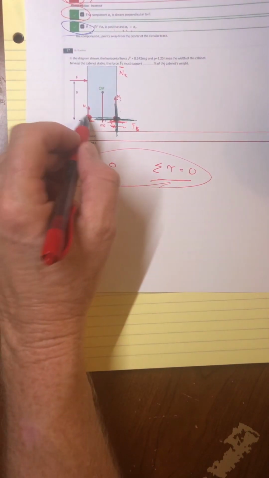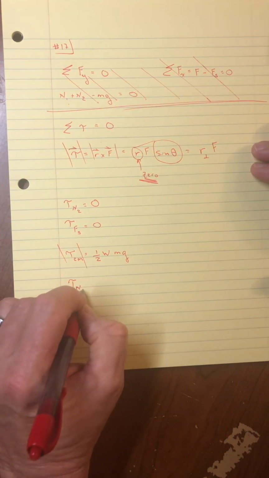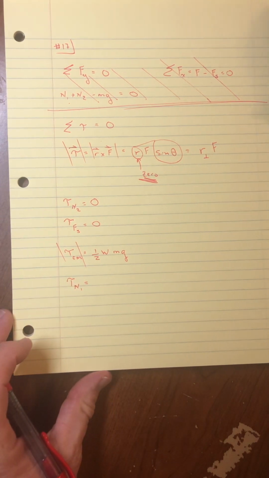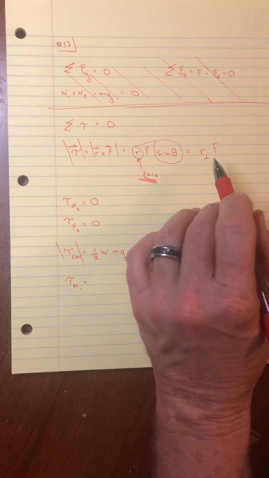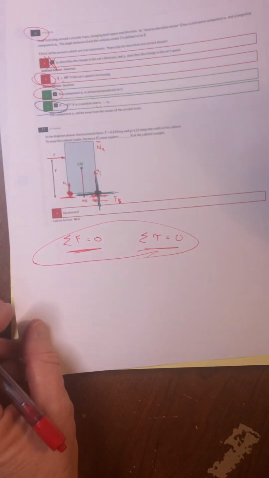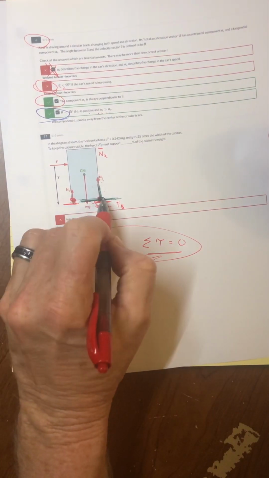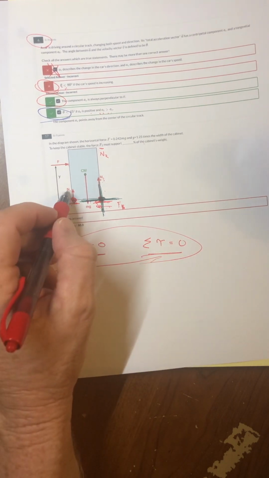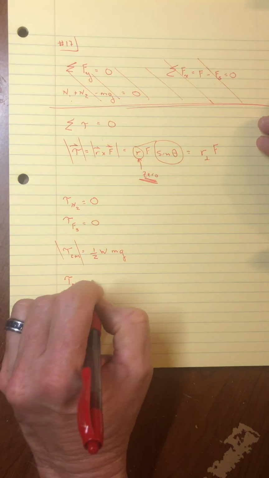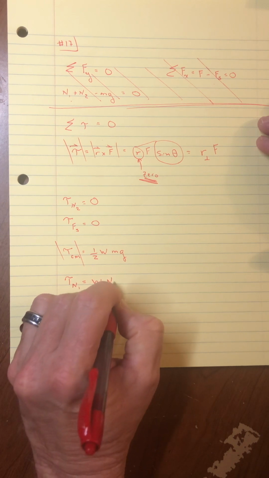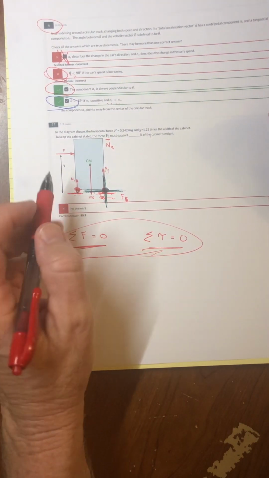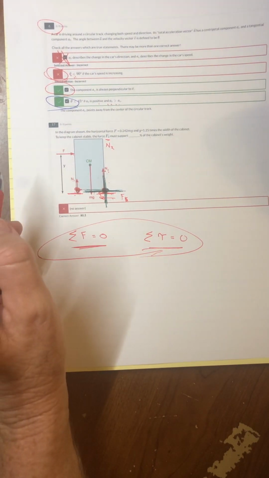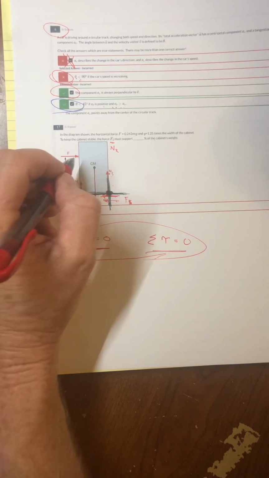Let's see, the torque from N number 1, using this idea of torque, and looking back at my diagram, I would have the distance of the whole width and then N1. So this would be a width and then N1. That would be the magnitude of that torque. And then coming over here, I kind of have the same thing.